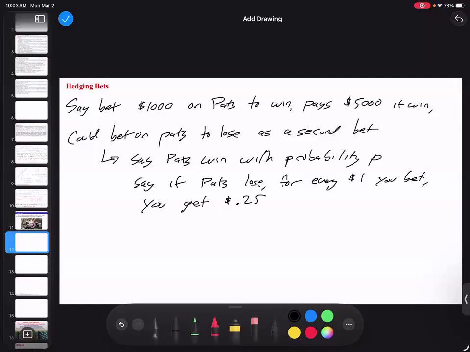You always start with extreme cases. If you can't understand the extreme cases, you have no chance in general. So if the Patriots are going to absolutely, definitely win, it would be foolish to bet against them. If the Patriots' chance of winning is 99.9999%, then almost surely the Patriots will win. I would probably want to put very little.